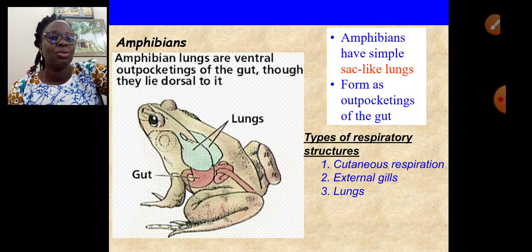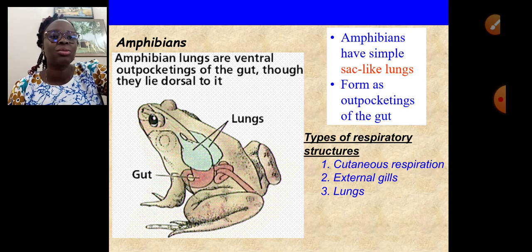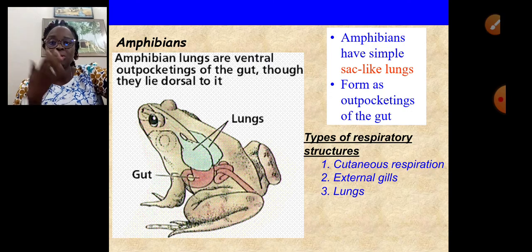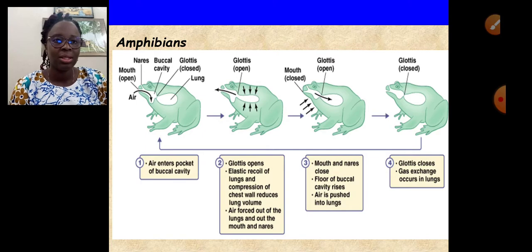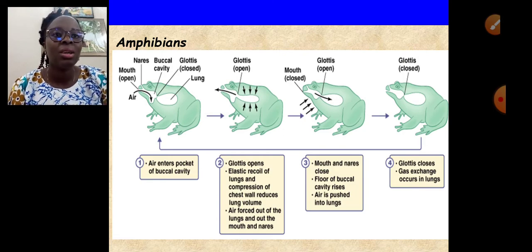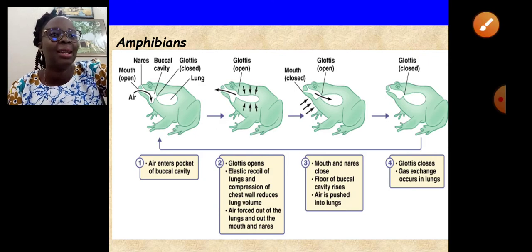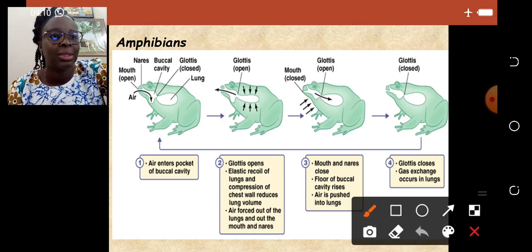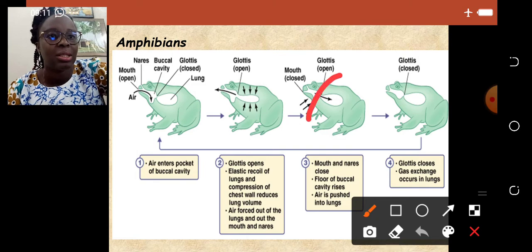All right, so your toad makes use of its skin, its lungs, and also the mouth. Now let's look at this structure. You can see the air, the toad opens its mouth, and air goes in. Then from there it goes into this cyclic structure, that's the lungs.